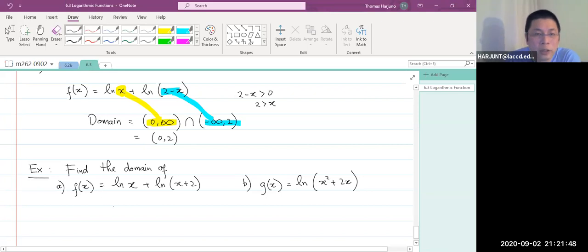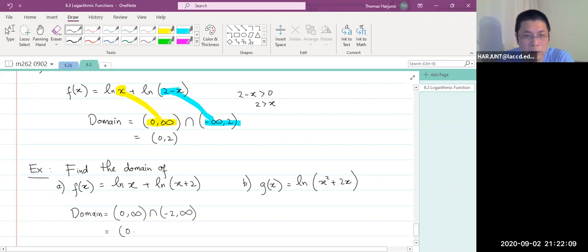In here, the domain has to be greater than 0 and greater than -2, right? Therefore, the intersection will give us greater than 0.